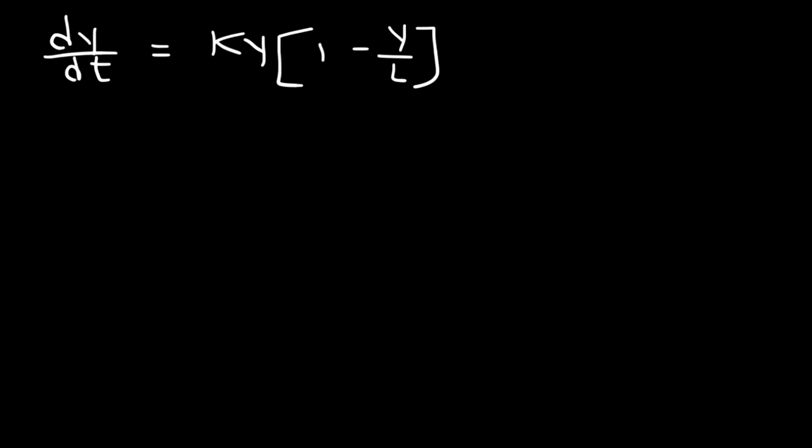Now, starting with the differential equation, dy dt is equal to ky times 1 minus y over L. From this equation, how can we derive the general equation for the logistic curve? How can we get y is equal to L over 1 plus b times e raised to the negative kt?